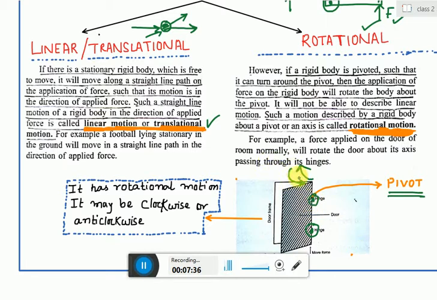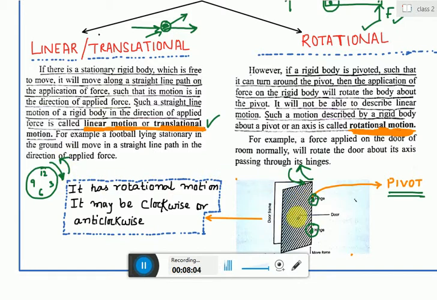If this is a clock in your room, 12, 3, 9, 6, how does the clock move? It moves clockwise. So this movement is called clockwise, the movement of the clock, and any movement that is opposite to it is called anti-clockwise.